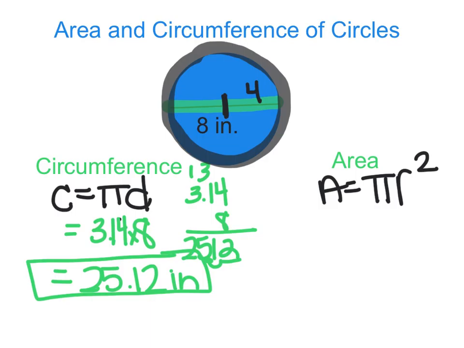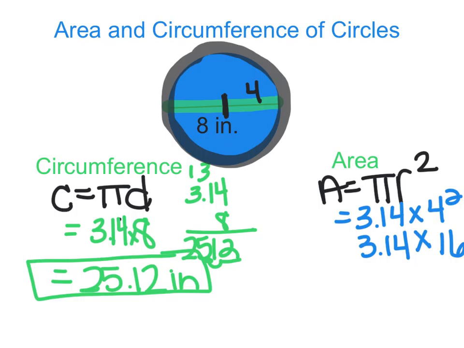So I am going to plug in 3.14 for pi. My radius is 4, and I need to square that. That means 4 times 4, not 4 times 2. So 4 times 4 is 16. So the numbers that I need to multiply on this one are 3.14 and 16.